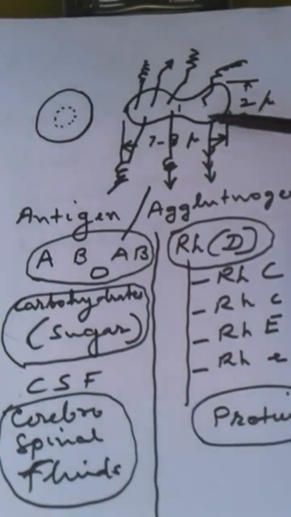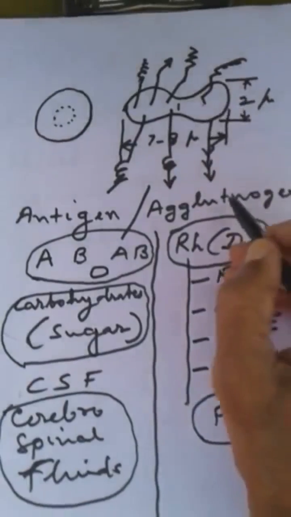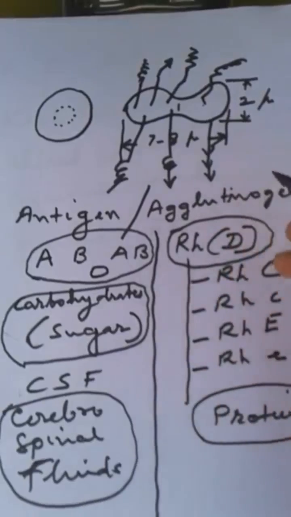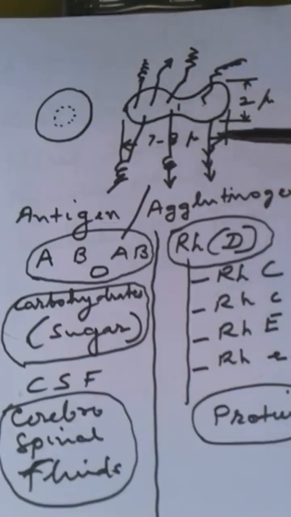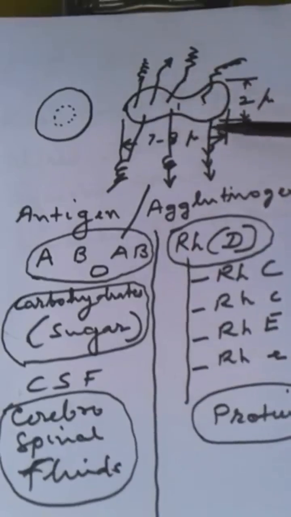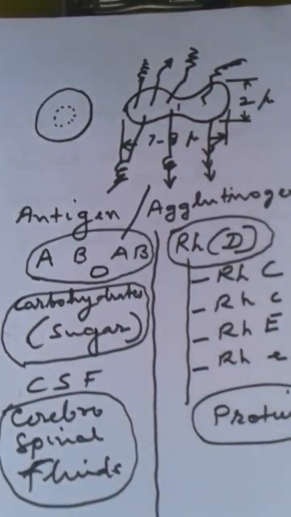These antigens are also called agglutinogens. Agglutinogens are seen on the surface of the red blood cell. There are more than 45 antigens seen on the surface of the erythrocyte.